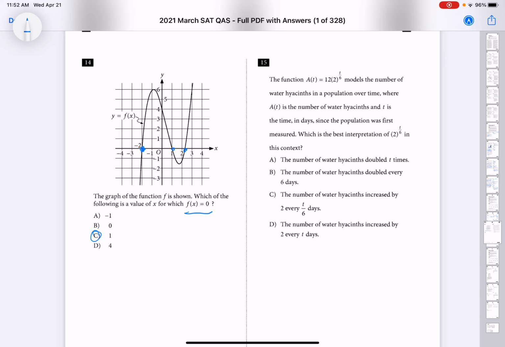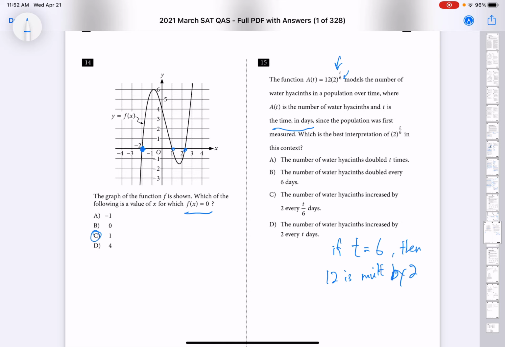So what you do over here is take a look at this number. They're saying t is the time in days. So first you know that t has to be days, right? So if you look at this bottom number, the denominator, they're saying that if t was equal to 6, then 12 is multiplied by 2.